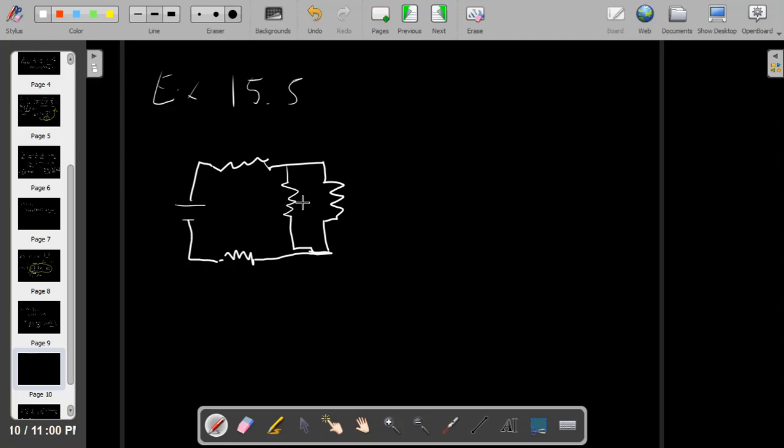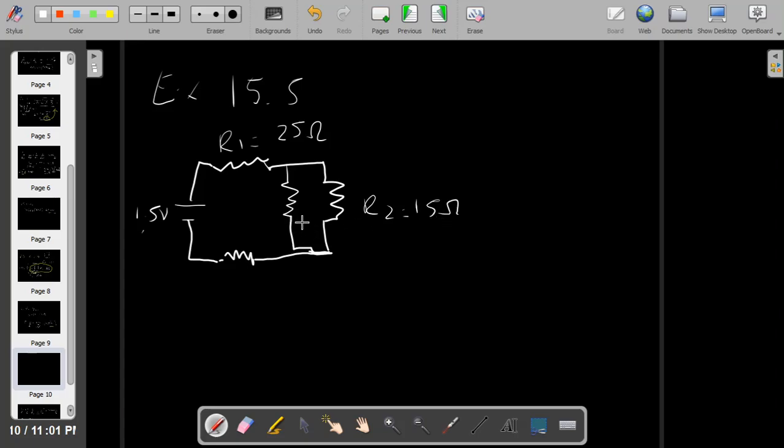Okay. So they give us the voltage is 1.5. 1.5 is our voltage. What else are they giving us? They're giving us each of the resistance. So we have a resistance 1 of 25 ohms. This one is resistance 2, we're going to call it, and that's going to be 15 ohms.